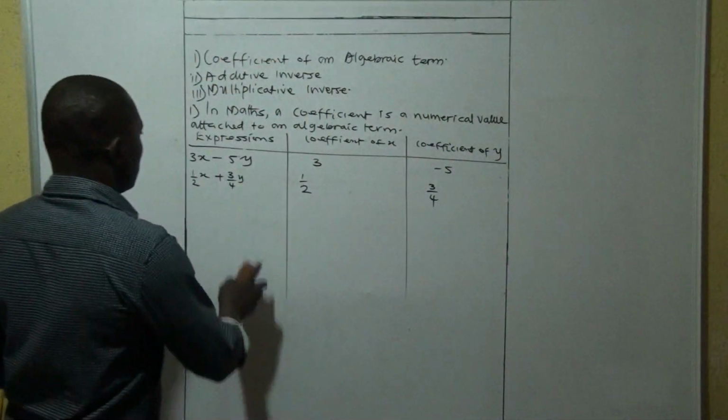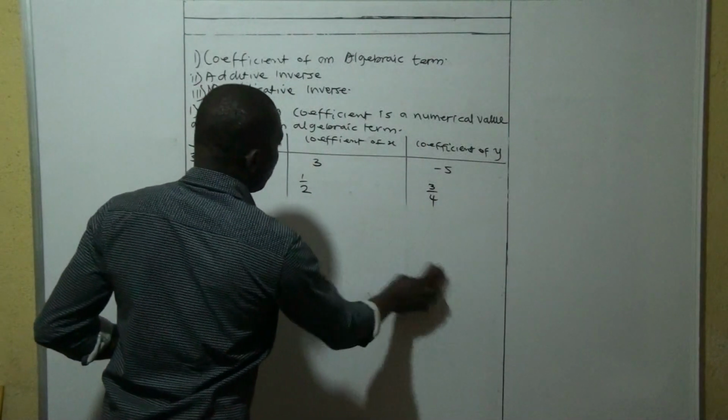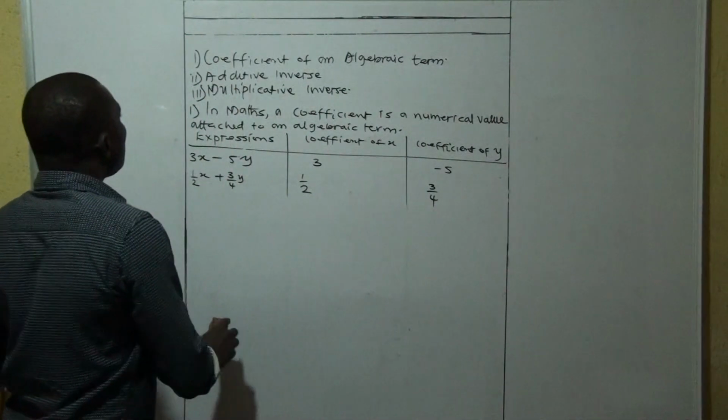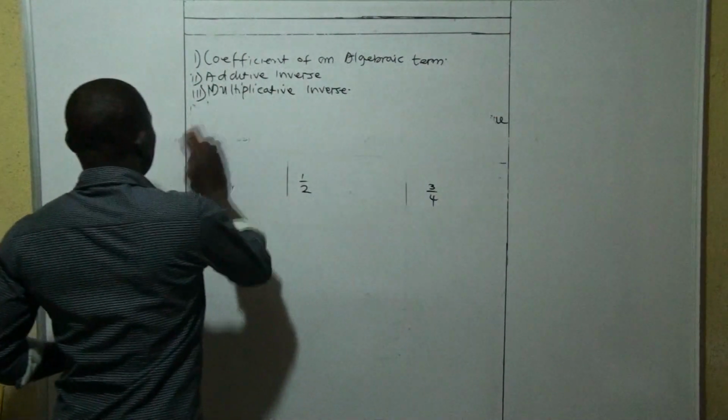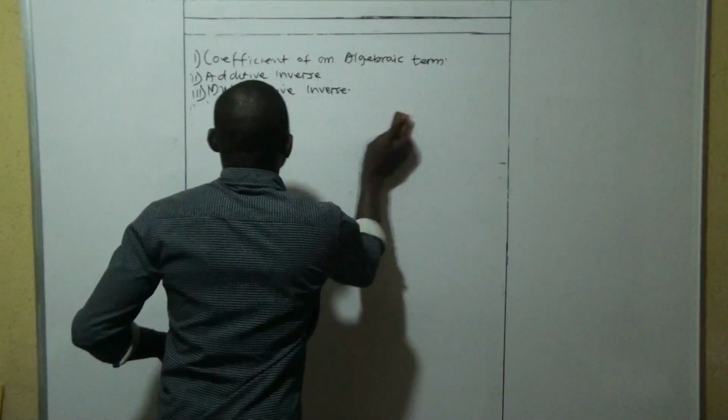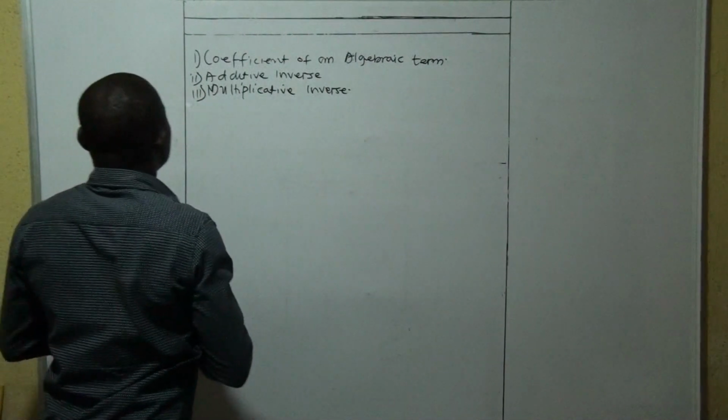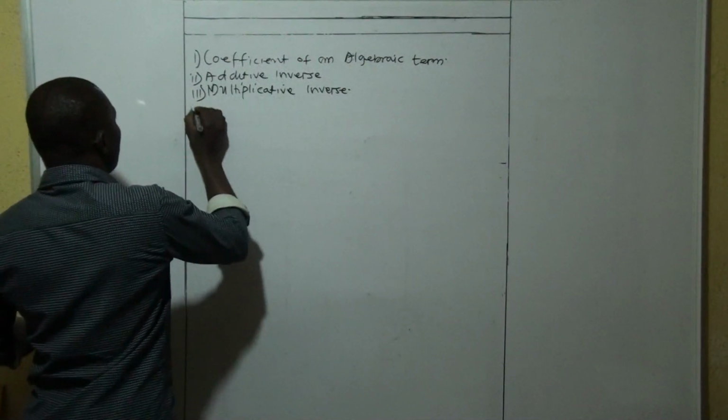Okay. Now, having explained the meaning of a coefficient, let's look at the other thing we have here, which is additive inverse.